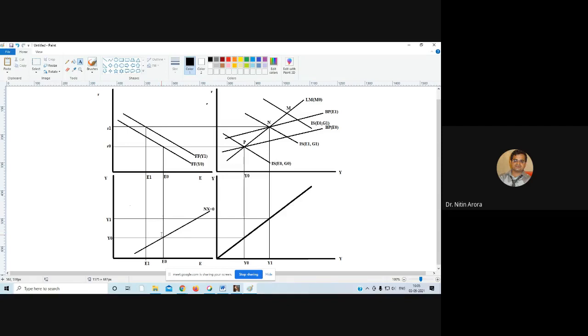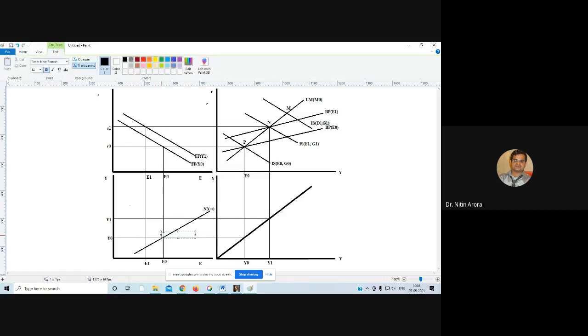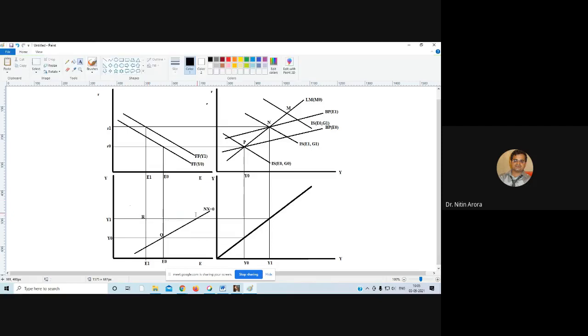This is point Q. So this is the complete diagram.